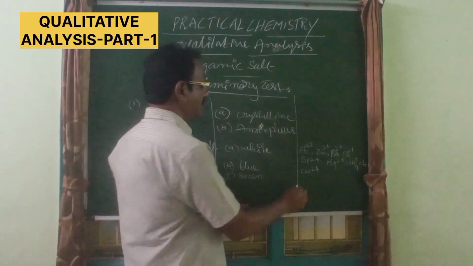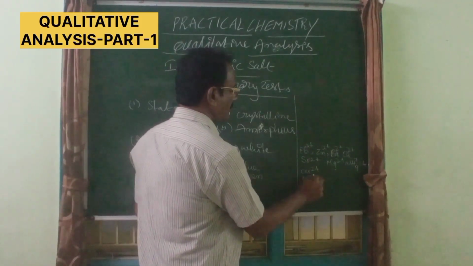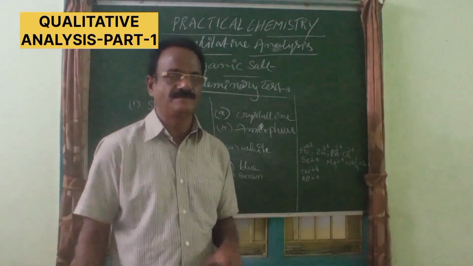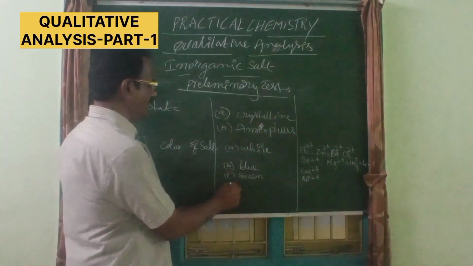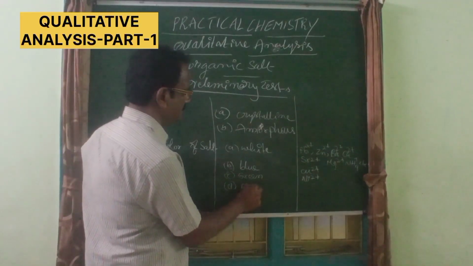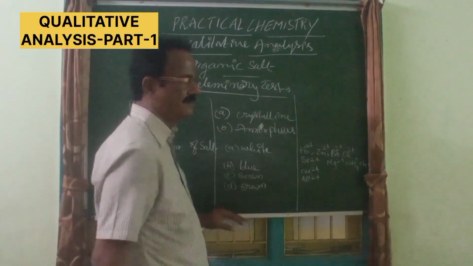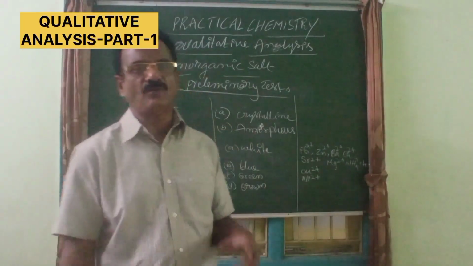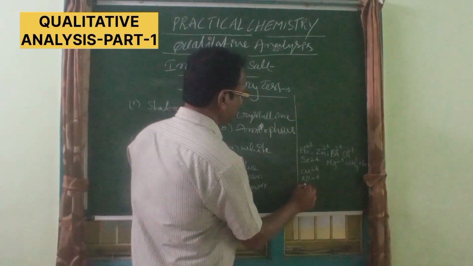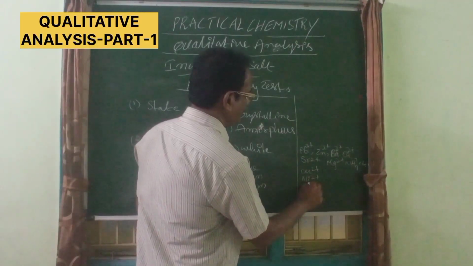If the salt is green in color, then it should have Ni2+. Another color is brown. If the salt is brown in color, there would be Fe3+.